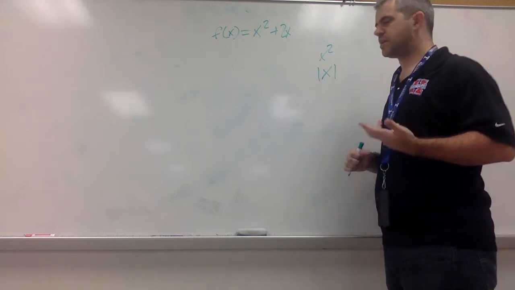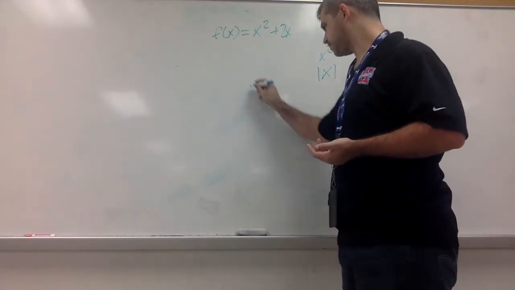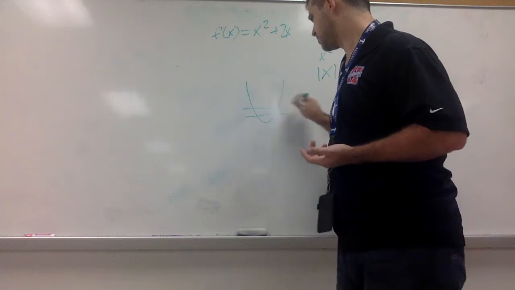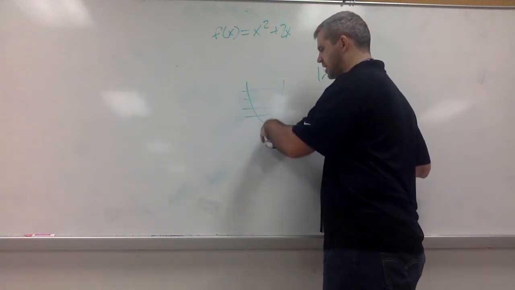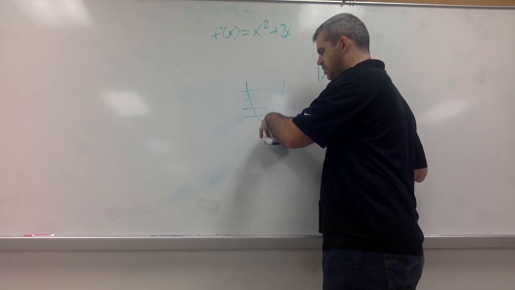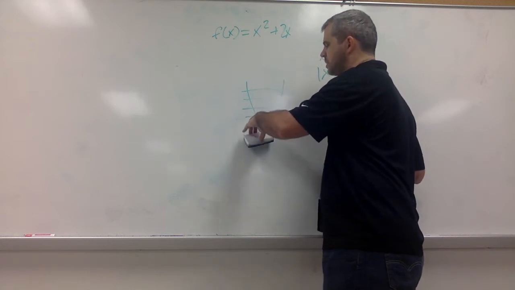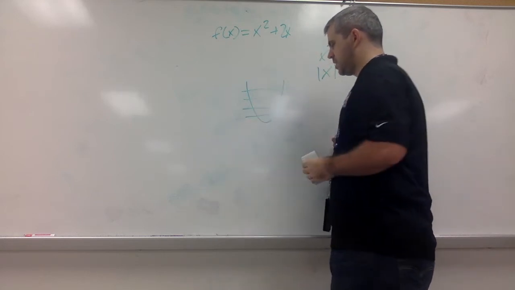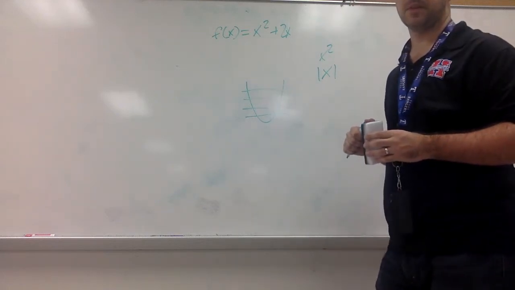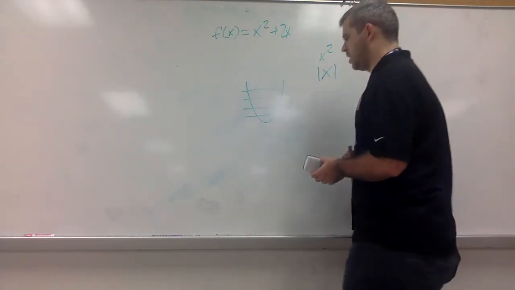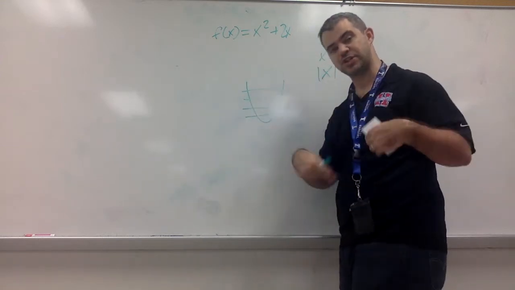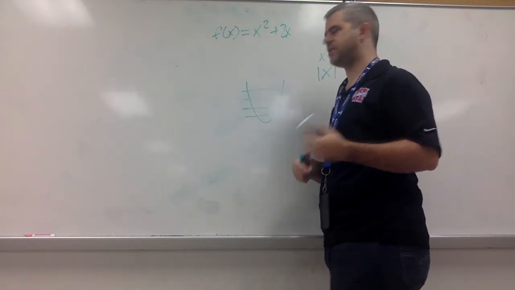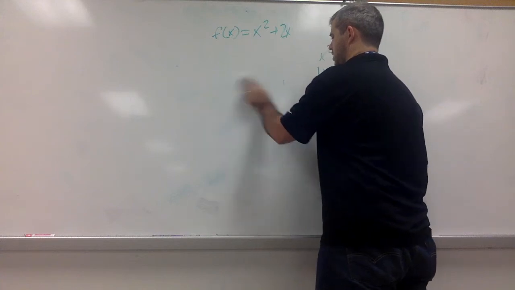We know that those aren't going to be invertible because they fail that horizontal line test, okay? Basically, for any given input, sometimes there are multiple outputs that are the same. So I have two different inputs that give the same output.